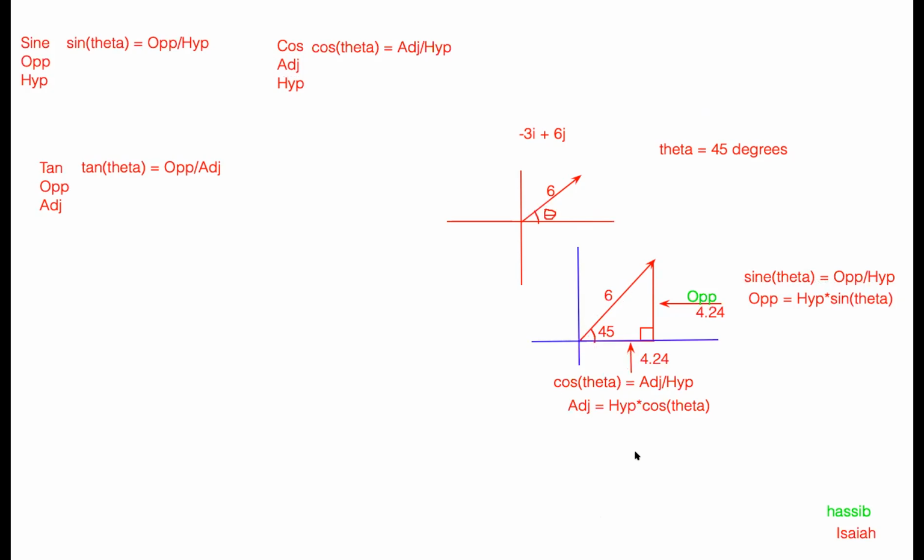So therefore, both signs are positive. So the finished product of this would be 4.24i plus 4.24j. And this is how you deconstruct or decompose a vector.